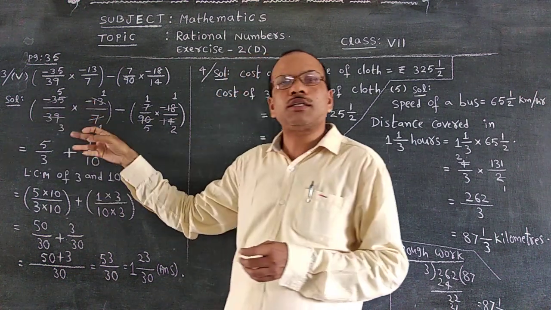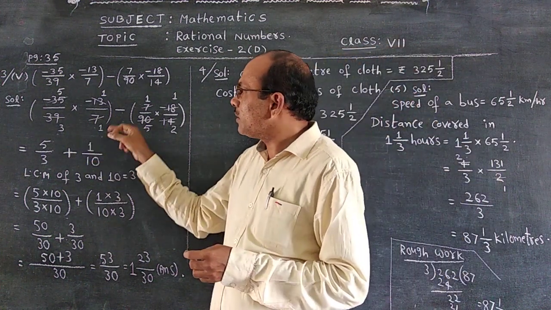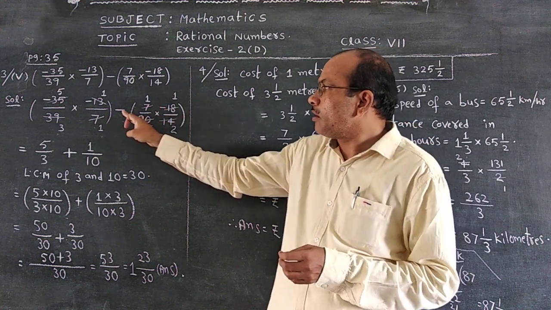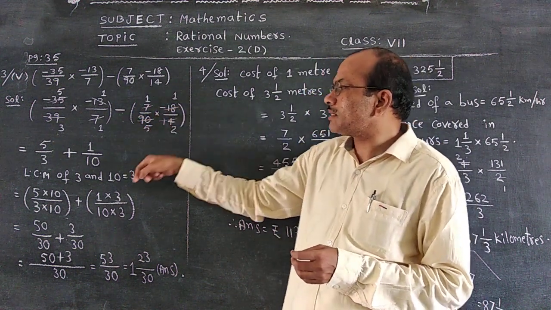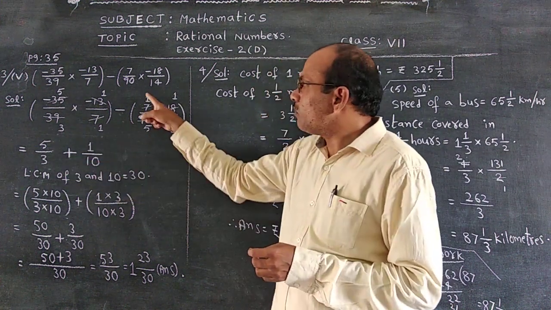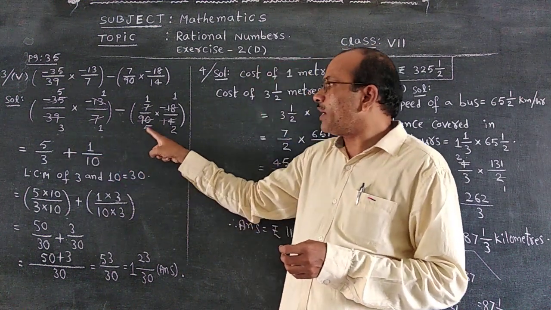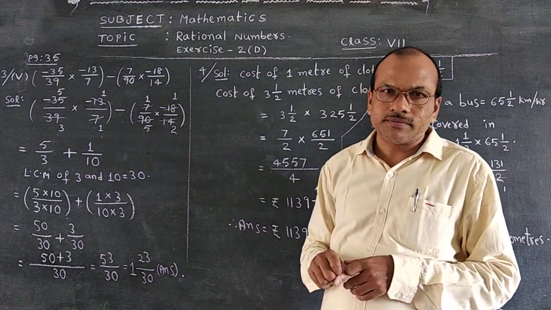Minus into minus is plus, so that is with the plus symbol only. Now here a minus symbol is there. Here a minus symbol. Minus into minus is plus. That's why plus is written. 1 into 1 is 1 by 5 twos are 10. So 1 by 10 we have got.